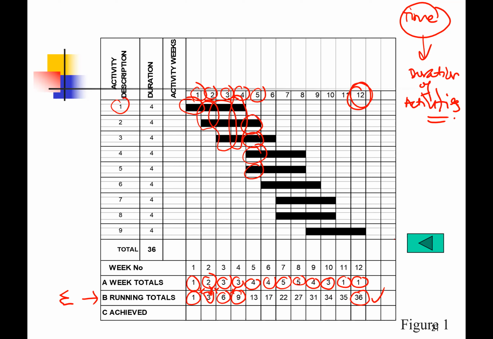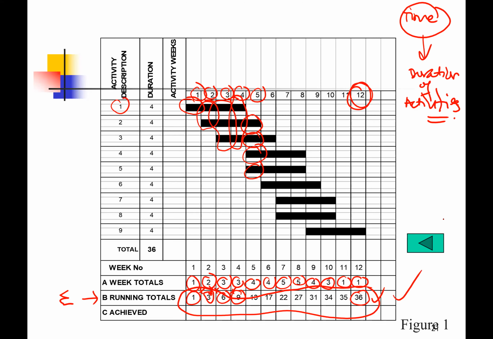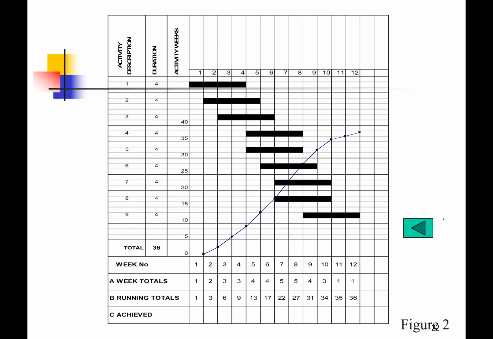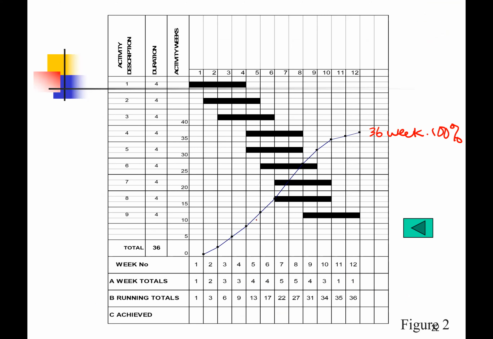Okay, so based on this figure here, you can plot what we call the S-curve. This S-curve means 36 weeks, or 100%. And the smallest value is 1 here.